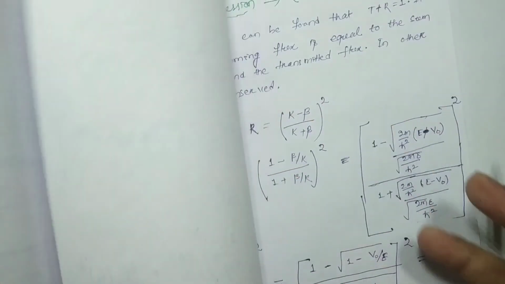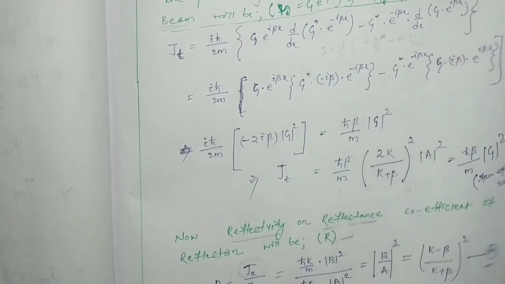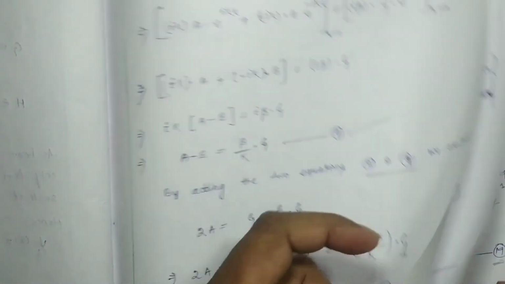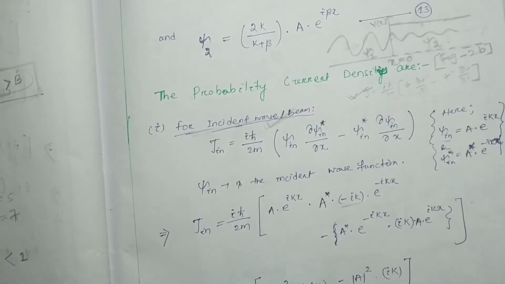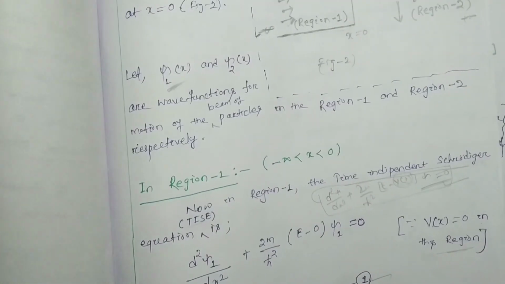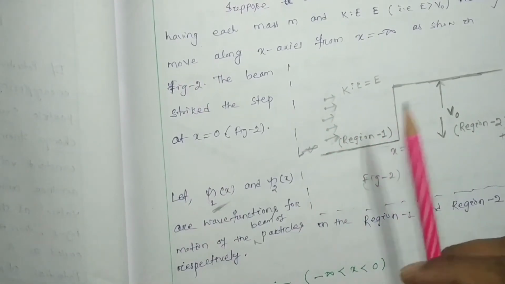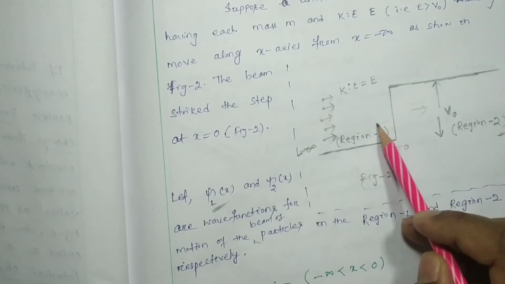That means, suppose this is the figure, whatever incident wave or incident flux interacts with this barrier, part has to be transmitted and part has to be reflected.